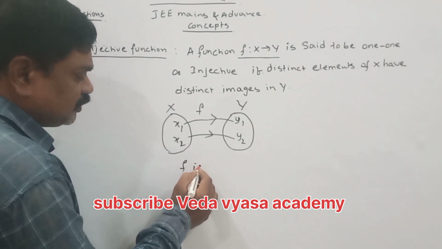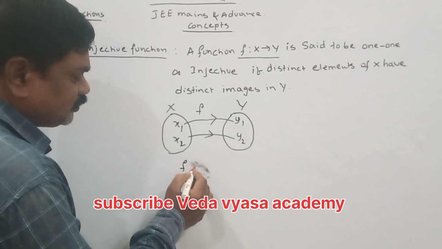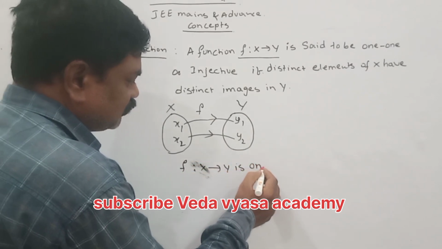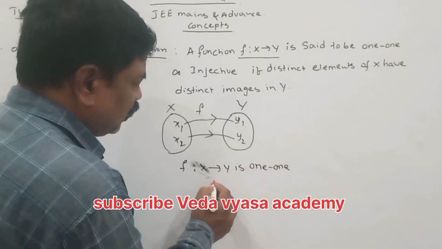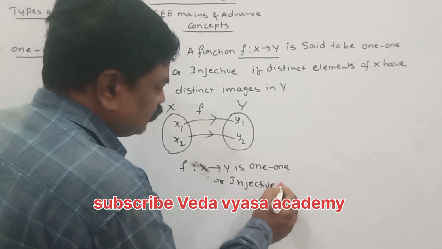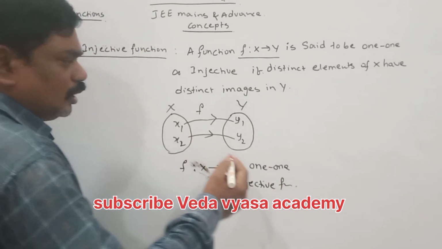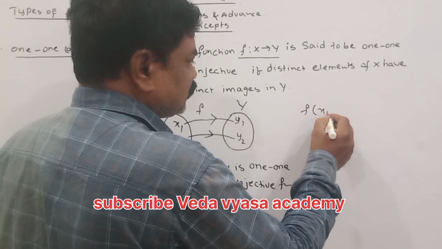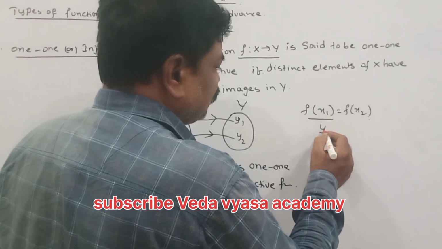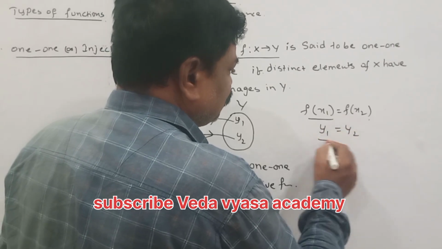f from x to y is a one-one or injective function. Moreover, f of x1 is equal to f of x2 means the images y1 is equal to y2.